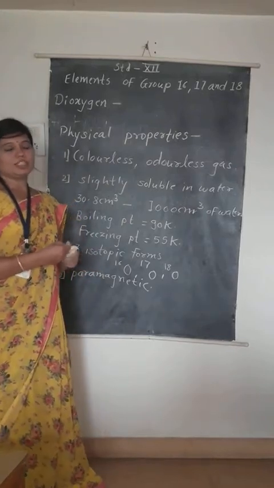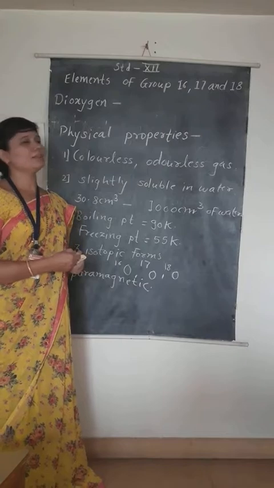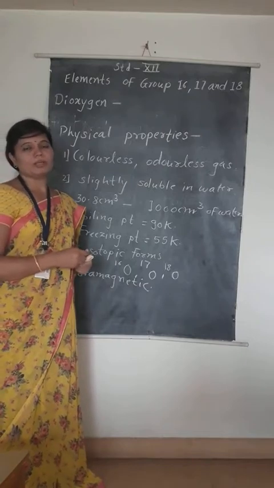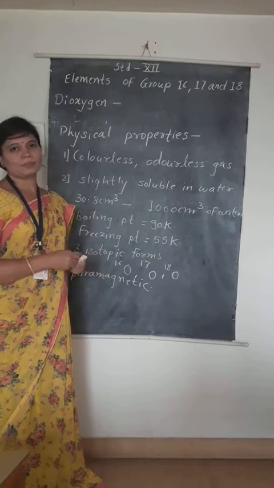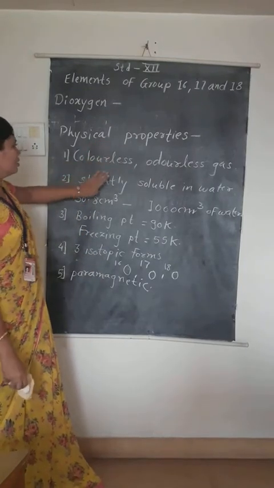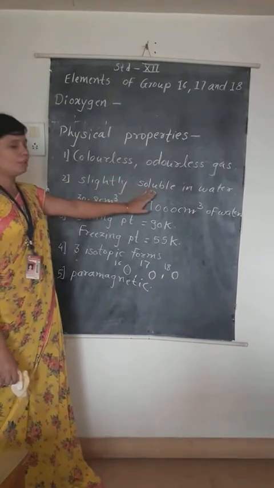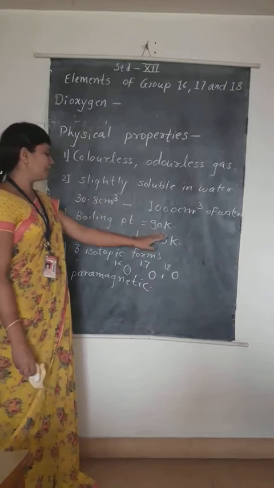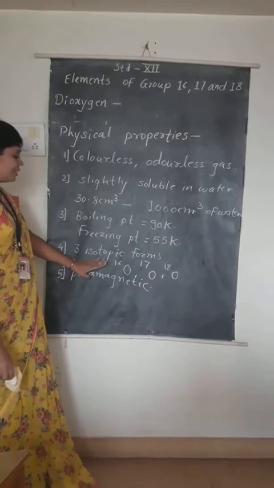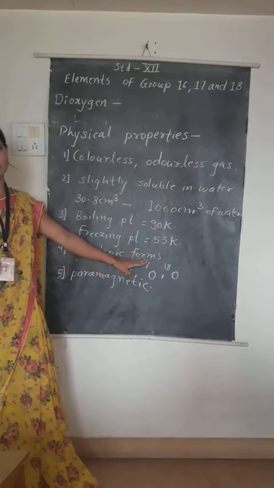This paramagnetic nature of dioxygen is explained according to molecular orbital theory in the topic nature of chemical bond in 11th standard. Okay, so these are the physical properties of dioxygen: colorless, odorless gas, slightly soluble in water, boiling point 90 Kelvin, freezing point 55 Kelvin, exists in 3 isotopic forms, and paramagnetic.